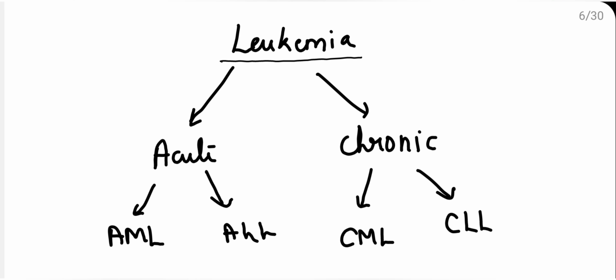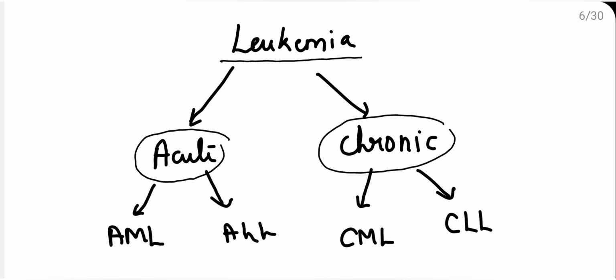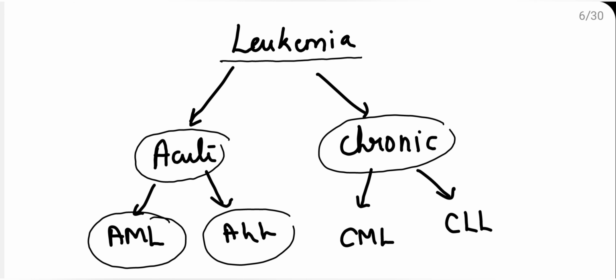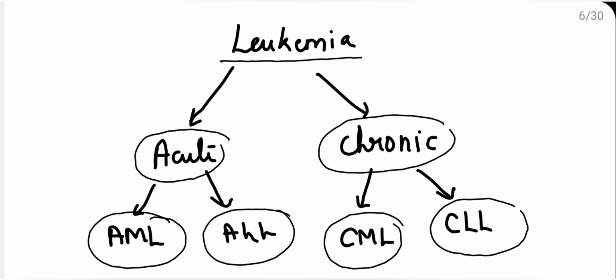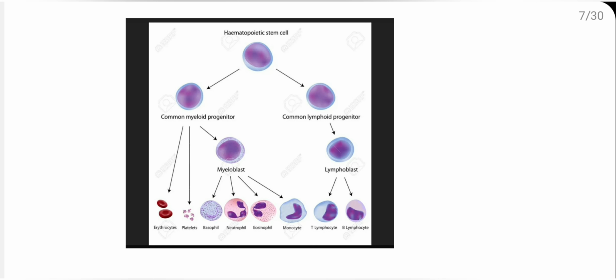Now coming to leukemia, it is divided into acute leukemia and chronic leukemia. Under acute leukemia, you have acute myeloid leukemia and acute lymphoid leukemia, and under chronic leukemia, chronic myeloid leukemia and chronic lymphocytic leukemia. To understand what is acute and what is chronic: in acute, usually you will see blast cells, immature forms.